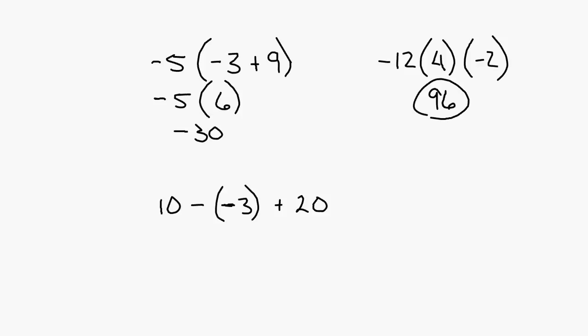Type in 10 minus negative 3 plus 20, and you get 33. Yes, because 10 minus negative 3 is the same as 10 plus positive 3. So that would be 13 plus 20, which is 33. They let you use these calculators, so I would use them as much as possible.